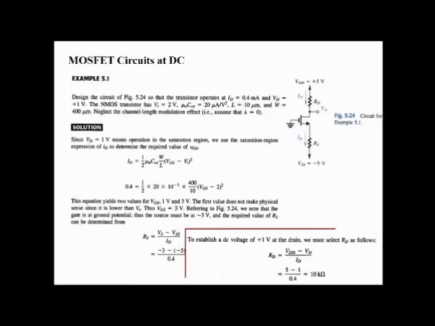Now to establish a DC voltage of 1 volt at the drain, we must select RD as follows. The formula for RD will be VDD minus VD divided by ID, and that is the drain resistance RD.